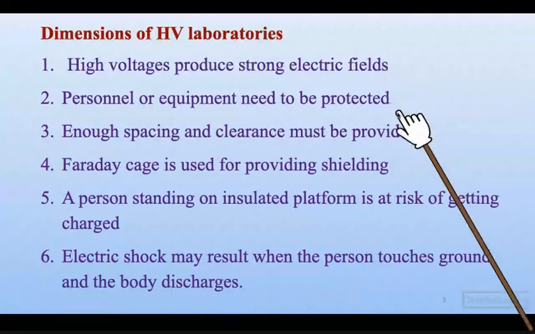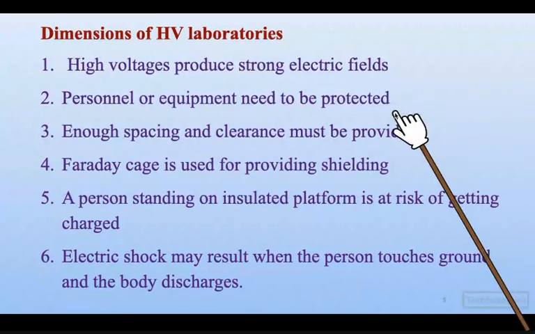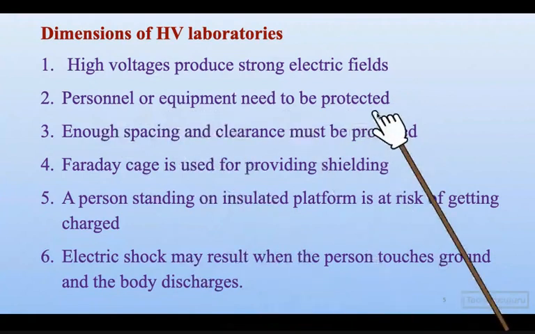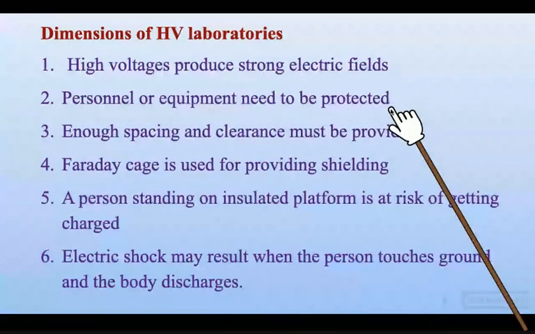The second point that is very important related to the dimensions of an HV lab is safety. The personnel or equipment need to be protected.